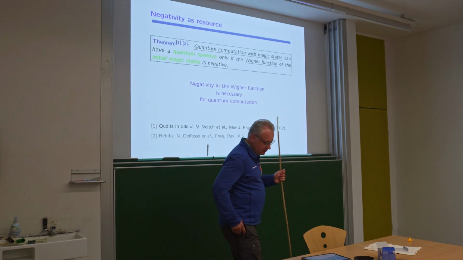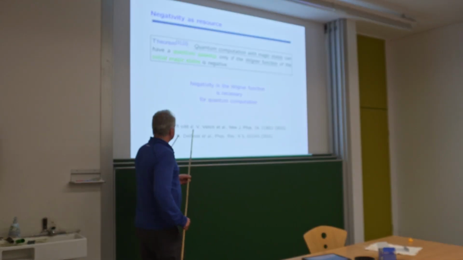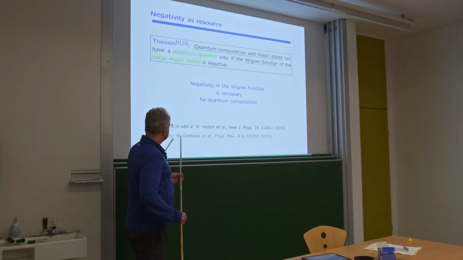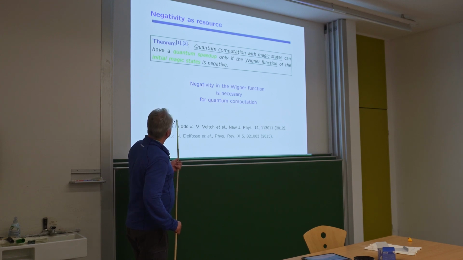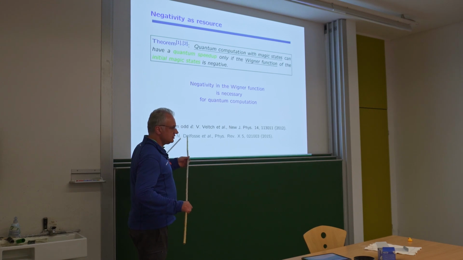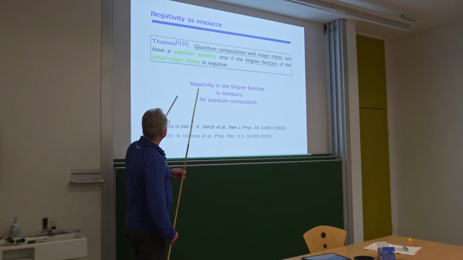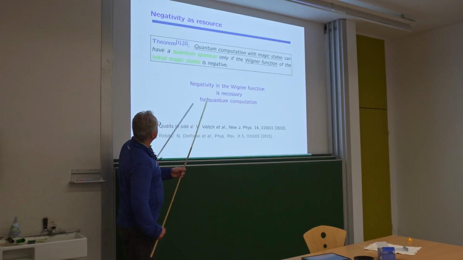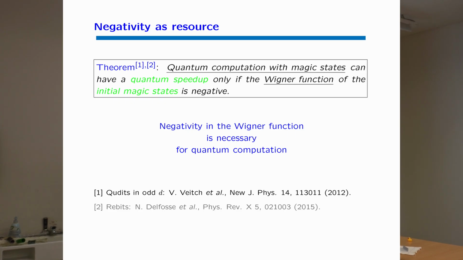So there is a theorem. It has been derived in various contexts. I'll talk about the distinction in a moment, but let me just read the theorem to you. Quantum computation with magic states can have a quantum speedup only if the Wigner function of the initial magic states takes negative values.